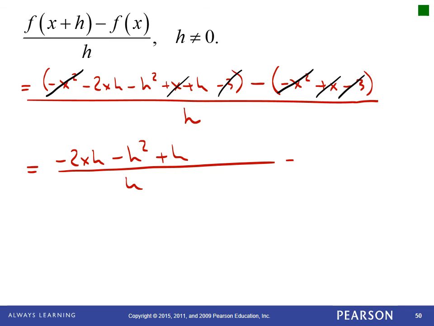Sometimes you do have to simplify, especially when you have fractions here. You want to get common denominators. You're going to do a little bit of work that way to get things where you need to be. How about a negative 2xh minus h squared plus h? Again, it doesn't have to really be in order, but you should have h's everywhere.